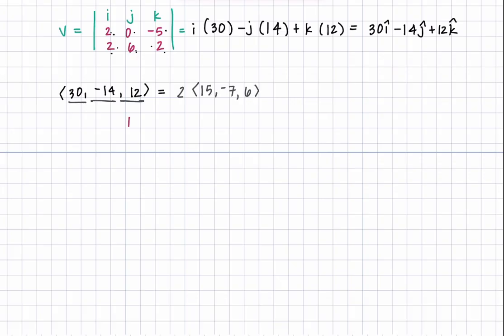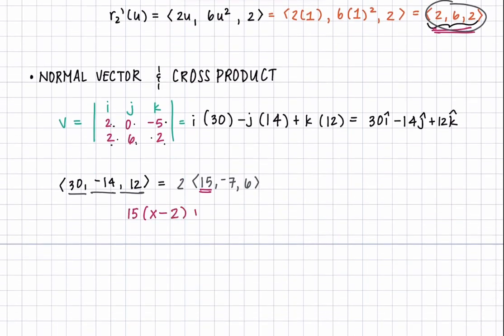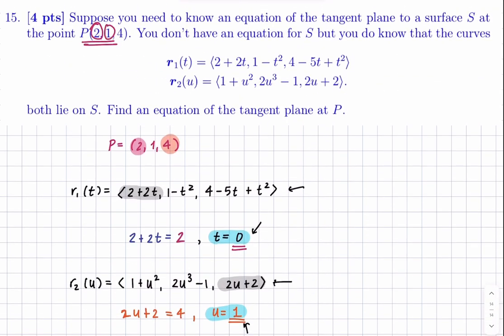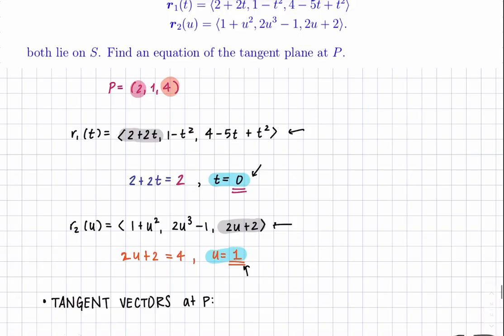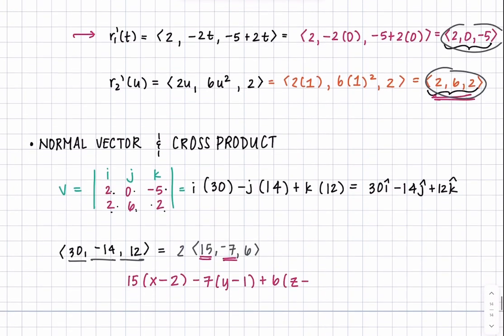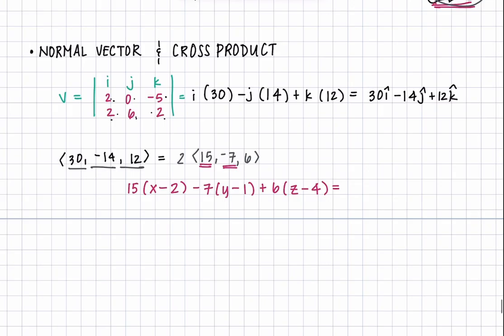So it's going to be 15 from over here, 15 times x minus my initial x, which is 2, plus negative 7 times y minus my initial y value, which is 1, and then plus 6 times z minus 4, and this entire thing equals 0.